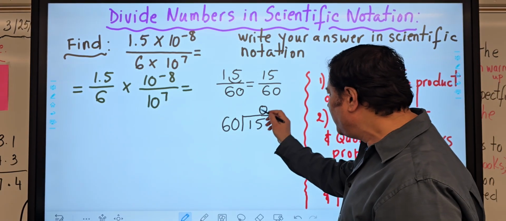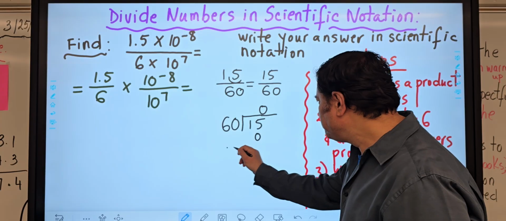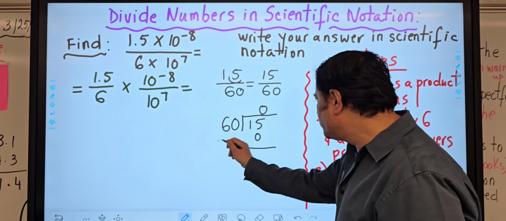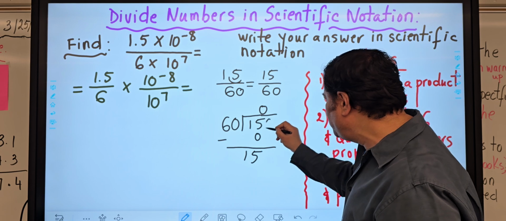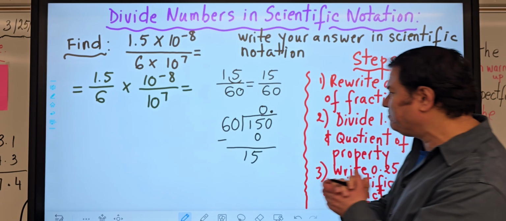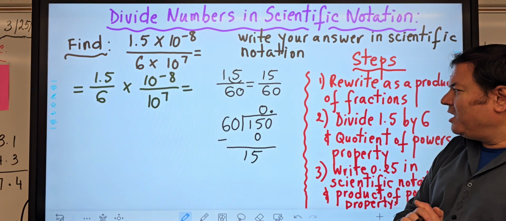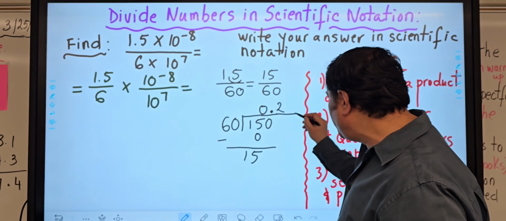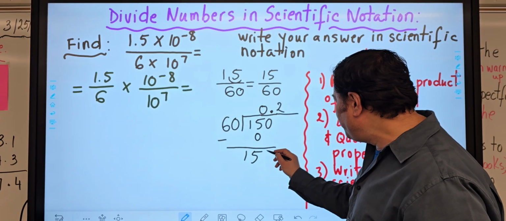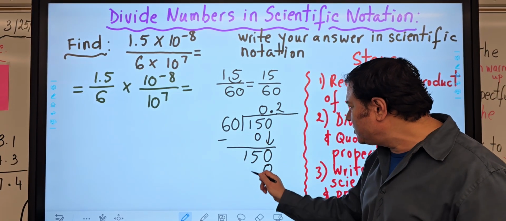And then we multiply. 0 times 60 is 0. Okay, then we are going to subtract. 15 minus 0 is 15. Remember now, we add a 0 and a decimal right there. And now 60 into 150, of course 2 times. So let's put the 2 right there. 2 times 0, 0. 2 times 6, 12. We got to bring down the 0.